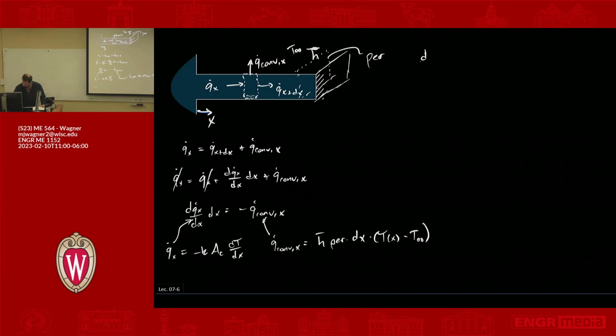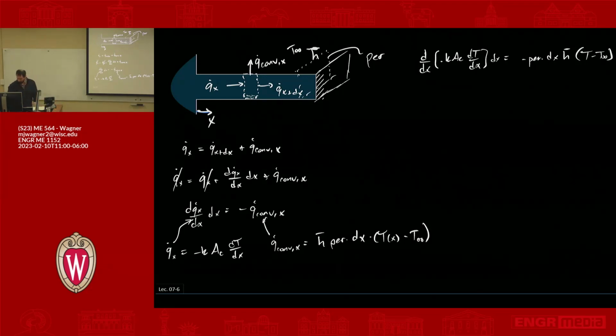So we have d dx of minus k AC dT dx times dx is equal to the right-hand side, which is minus perimeter times dx times h bar times T. I'll just say T minus T infinity. I'm shorthanding a little. I'm just saying T, but we know T is a function of x.